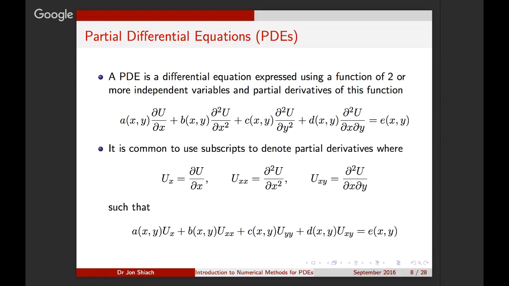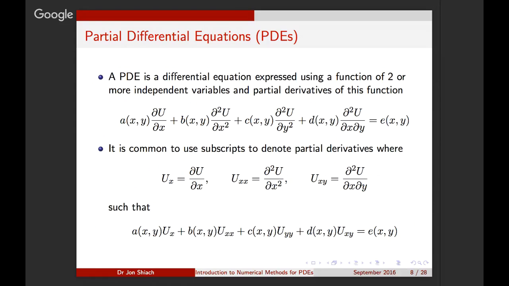This becomes a bit of a handful to write out all the time, so we use a shorthand notation where the subscript denotes the partial derivative. For example, U with subscript x is shorthand for the partial derivative of u with respect to x. If we have a second order partial derivative, we simply write it as u x x.